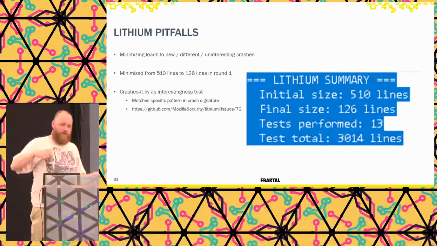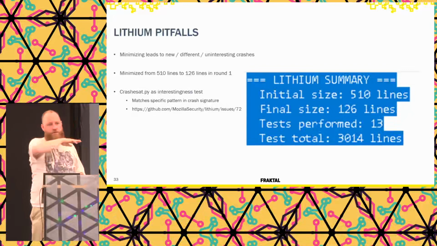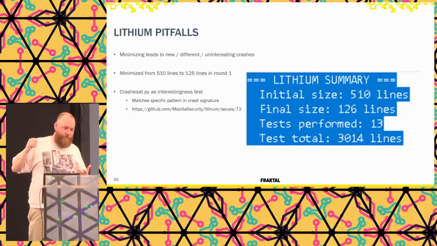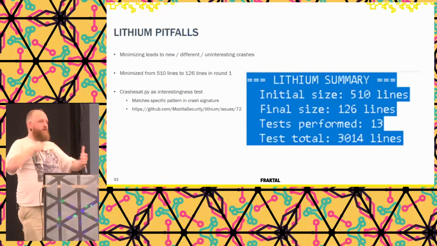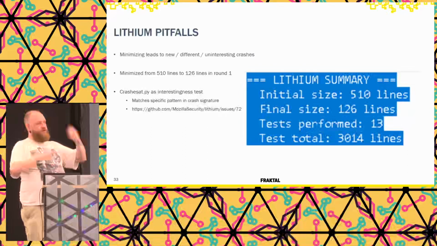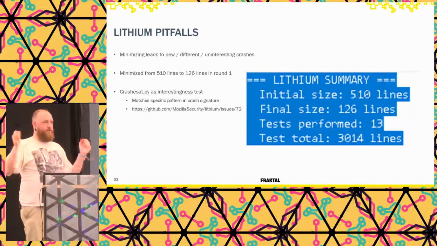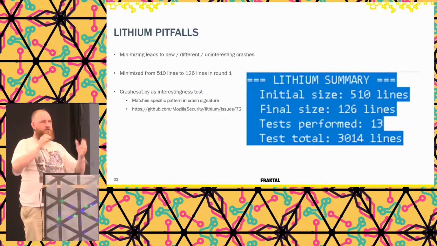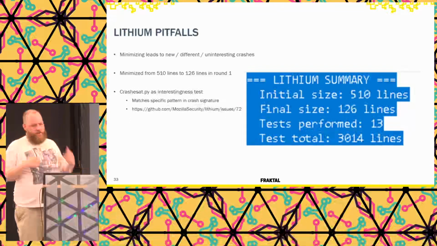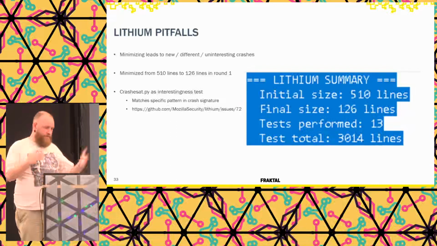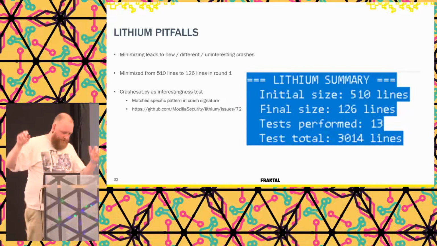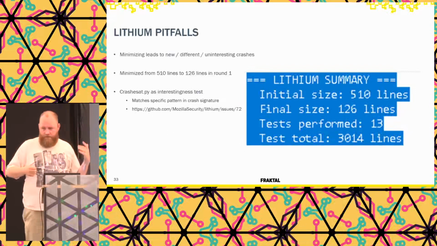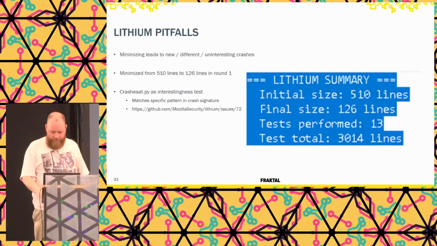With that, you can say, I want the call stack to look the same, so that when Lithium reduces your JavaScript, instead of just saying crash, good, keep reducing, if it sees that the call stack has changed, it's going to throw out that reduction, so that you keep your good crashing input and not bad crashing input, right?